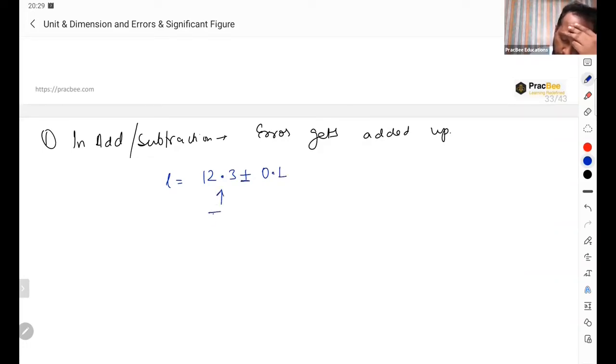So this is the reading, this is the error. Similarly, if B is equal to 5.6 plus minus 0.1, so this is the error and this is the reading.